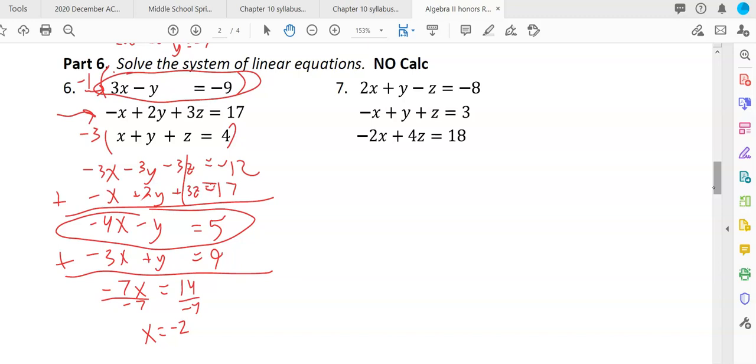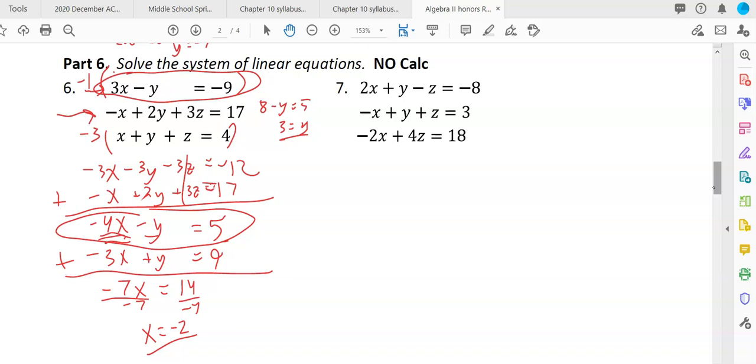Now we can put it back into this equation, say, for x, and solve. So I get negative 4 times negative 2, which is positive 8, minus y equals 5, so y equals 3. Now I know my x and my y.